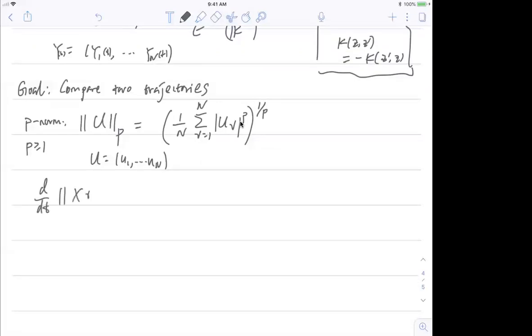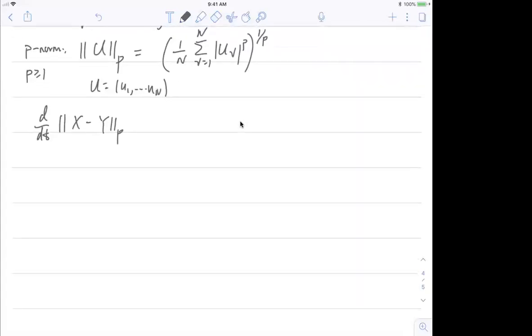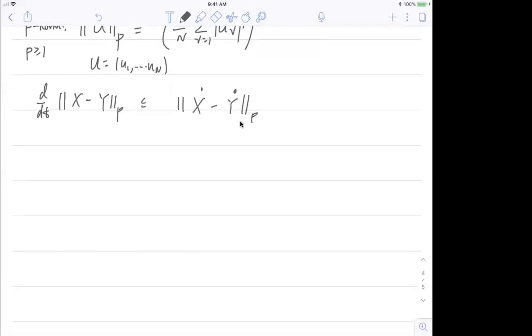Now we take the derivative of x_t minus y_t. Actually we can put an absolute value here, but we only care about the upper bound, so I will just do it like this. This is controlled by the derivative inside; we can put the time derivative inside the norm. It's very easy to check.